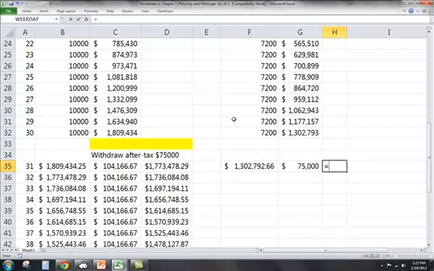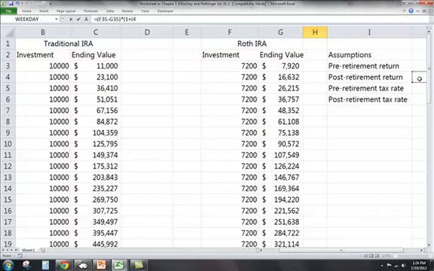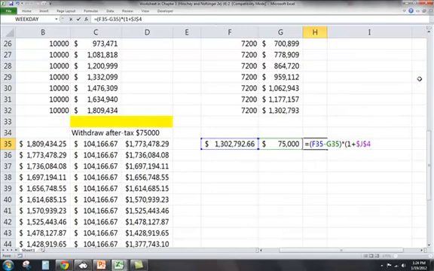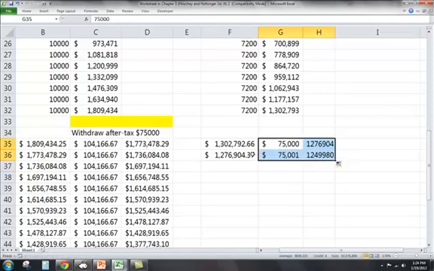And then my ending amount would be my starting amount minus my withdrawal amount, and then multiply by 1 plus the rate that I'm earning during retirement, or this 4%, make it an absolute reference. And my starting amount the second year would be my ending amount the first year. Hopefully I can just copy that down and now copy all these.